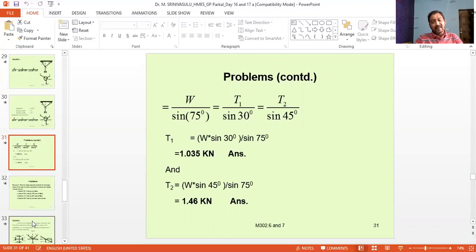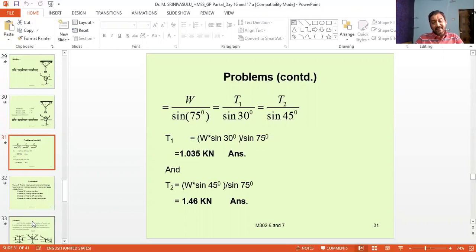Here also W is given the same value, 2.0 kN. By substituting the given values, T2 is equal to 2.0 into sin 45 by sin 75. So T2 is equal to 1.46 kilonewtons. So these are the answers.